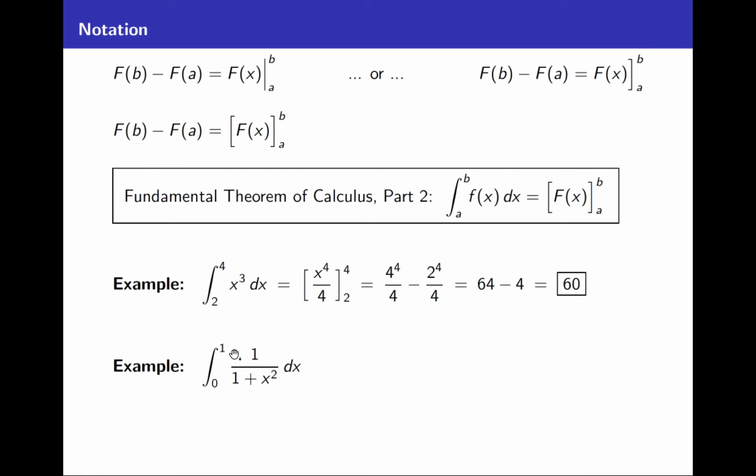Now let's think about that. What's an antiderivative of 1 over 1 plus x squared? Remember, tangent inverse of x. We know the derivative of tangent inverse of x is 1 over 1 plus x squared. So it's an antiderivative of 1 over 1 plus x squared.